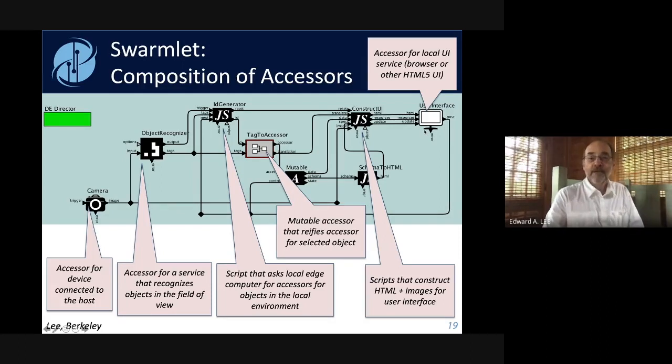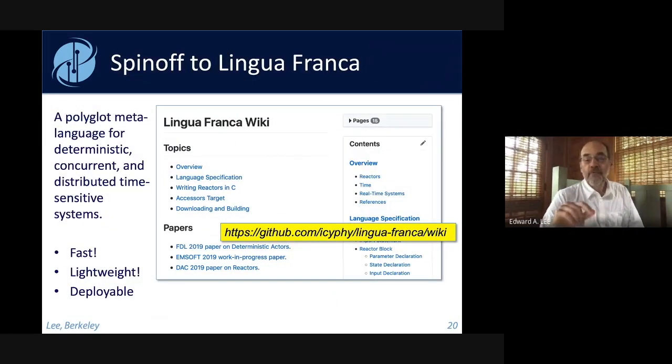Okay, so that project led to this spin-off that we call Lingua Franca, which is saying, all right, if we're moving away from modeling and simulation towards deployable software, performance and footprint are going to become a big issue.